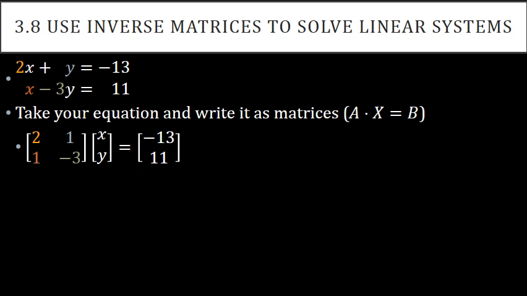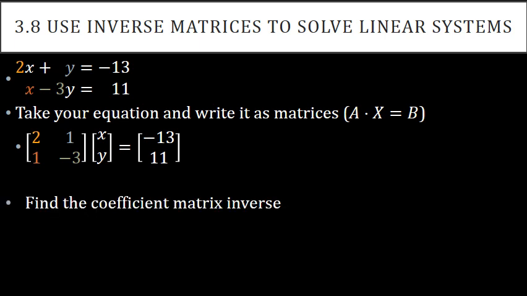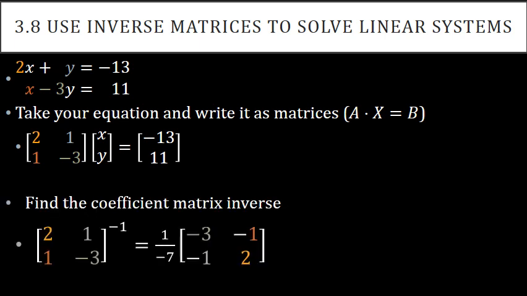In order to solve for the variables, we need to find the inverse of matrix A. So we're finding the inverse of our coefficient matrix. So it's 1 over the determinant, which is 2 times negative 3, minus 1 times 1. So that's negative 6 minus 1, which gives us negative 7.